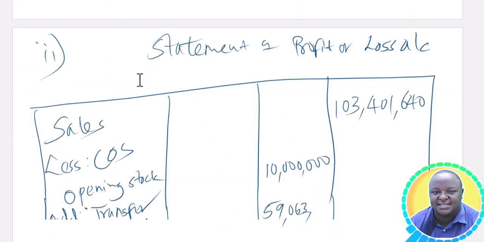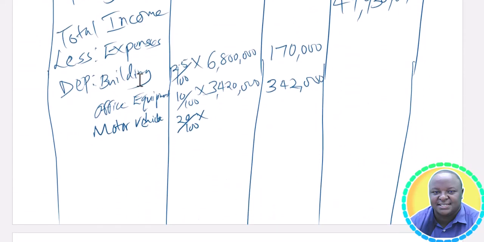So 4,800,000 times 40/100, we are going to get 384,000.